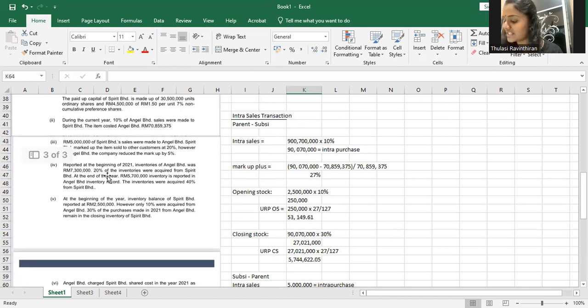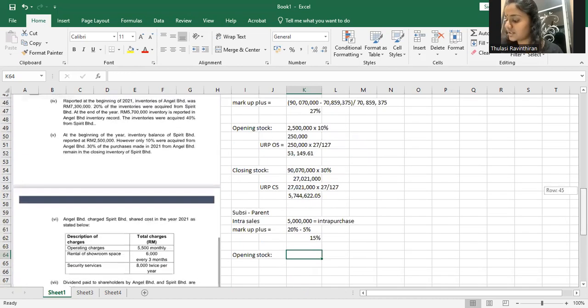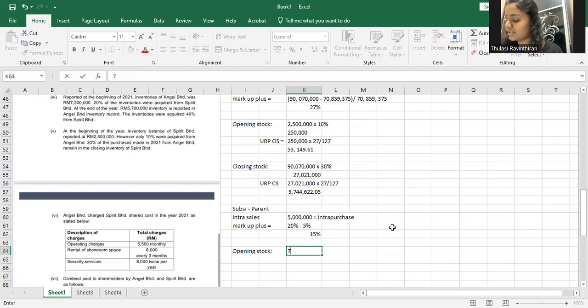So opening stock is 20% times 7,300,000. We'll get 1,460,000. Because here they said only 20% of the inventory was acquired from Spirit Berhad. So we take 20% times 7,300,000.